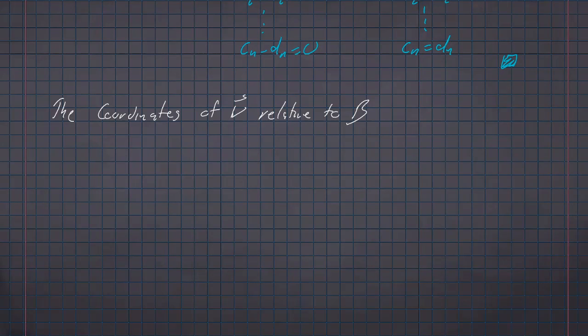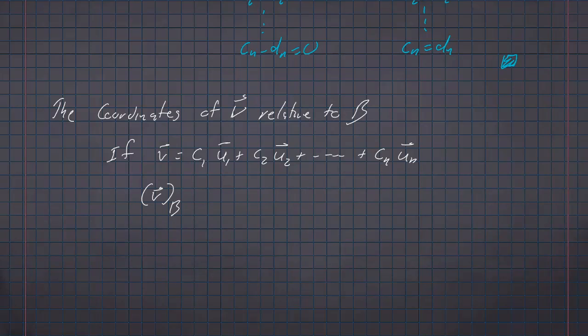The coordinates of vector v relative to basis B. If we can write vector v as c1u1 plus c2u2 down through to cnun, then we can denote v relative to B as the ordered n-tuple c1, c2 through to cn.